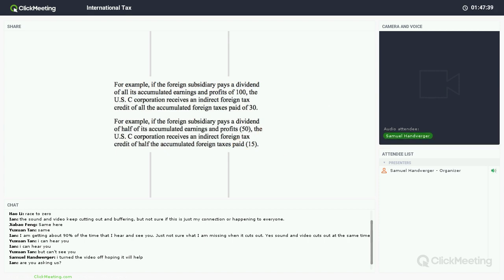So first, the foreign subsidiary pays the dividend, all of the profits it made, pays the $100. The U.S. corporation will get the indirect foreign tax credit. It'll get a foreign tax credit as if it paid the $30 out of the dividend that it's getting. It didn't, but it'll get credit for it.